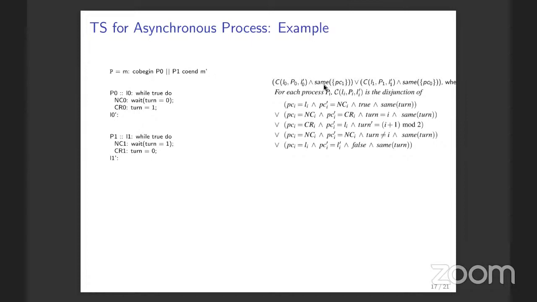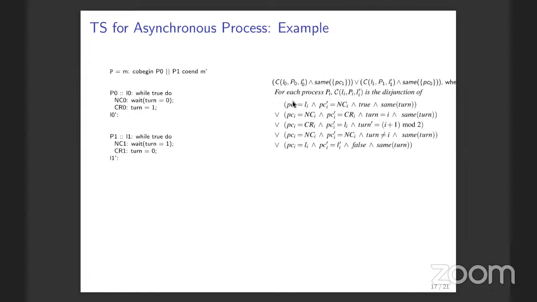It can either make the first process go to L0, or I can make the second process go, so I can spawn either of the processes. That's what this says.